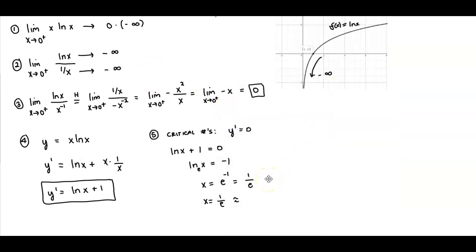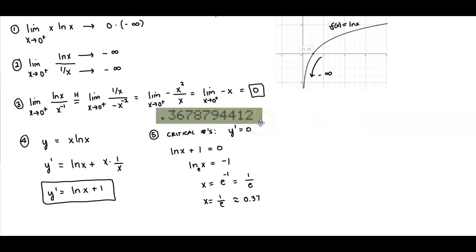And now we want to test that critical number. So there is our value here. You can see that we can round that to 0.37. Okay.